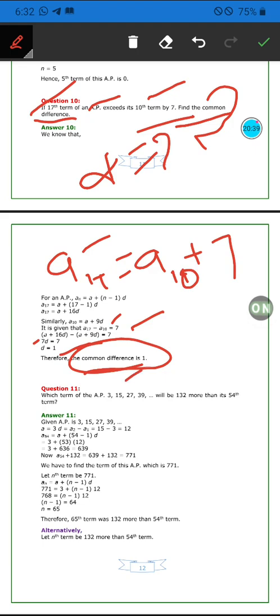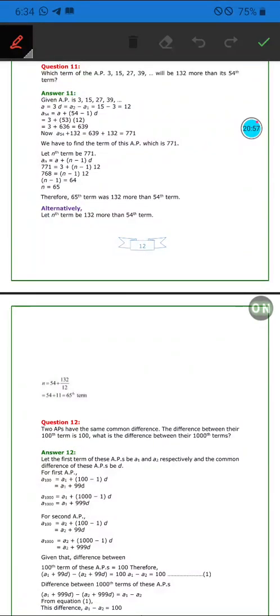In the 11th question: which term of the AP 3, 15, 27, 39 will be 132 more than its 54th term? Here A is equal to 3, D is equal to A2 minus A1, which is 15 minus 3, so D becomes 12.